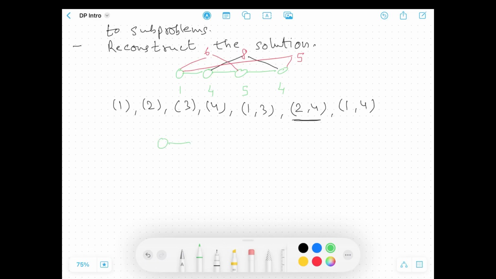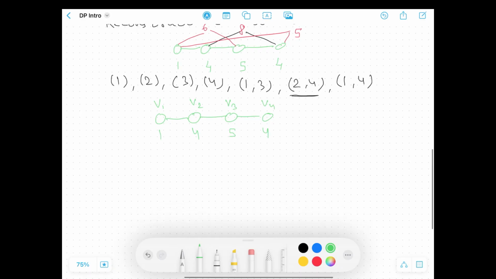So we have 4 vertices, v1, v2, v3, and v4, and the weights are 1, 4, 5, 4. Let's say we create an array or a grid of n plus 1 indexes.